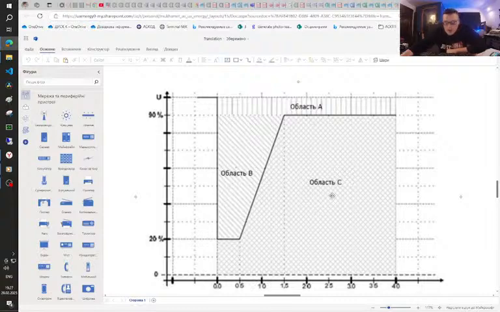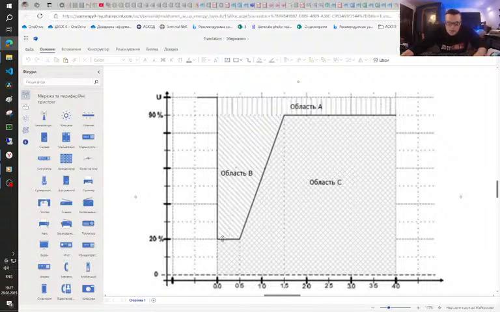So what areas can we see? In area A, on the top, the wind farm should always be connected to the grid.